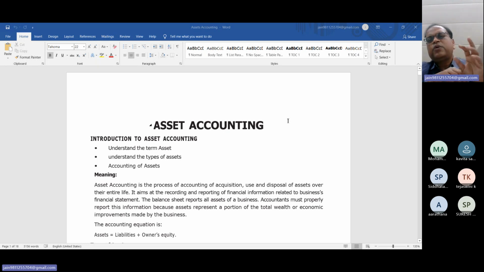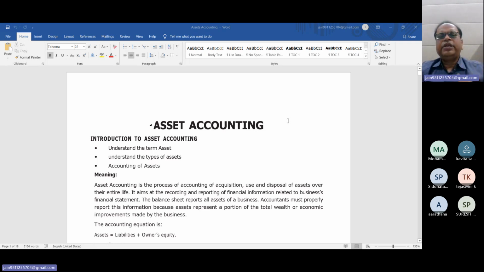And how to calculate the depreciation? What are the methods of charging depreciation? A total of 10 methods are given in the study material, but only two methods are relevant. The most appropriate methods are the straight line method and the WDV method. The remaining methods are relevant for particular types of industry.